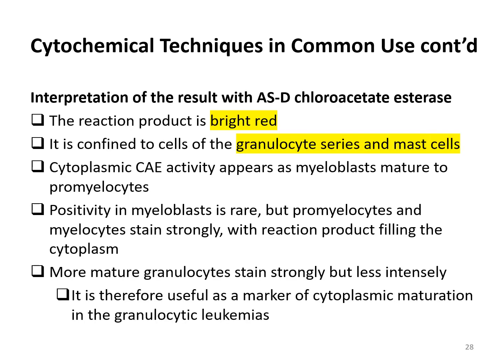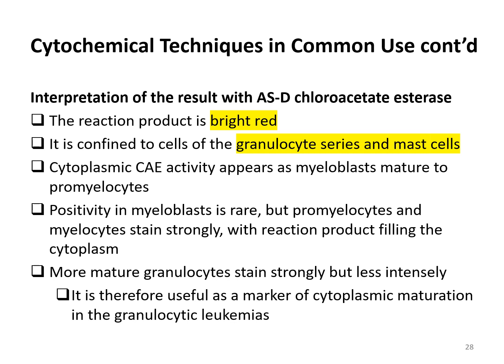The reaction color is bright red. This is mainly used to identify cells of the granulocyte series and the mast cells. The activity of chloroacetate esterase in the cytoplasm appears only as myeloblasts mature to become promyelocytes. So positivity in myeloblasts is rare, but in promyelocytes and myelocytes it becomes stronger.